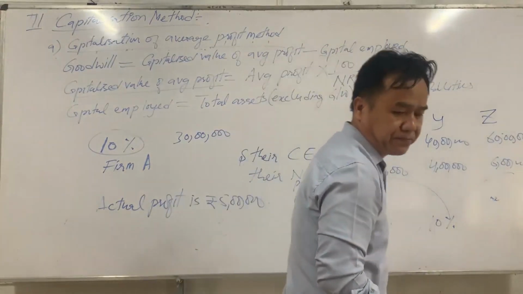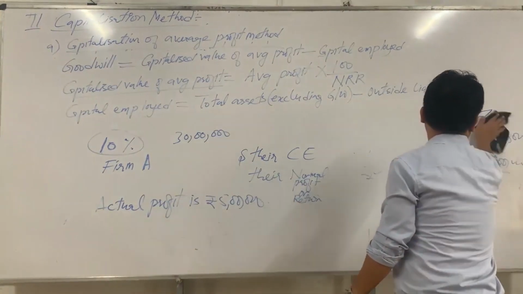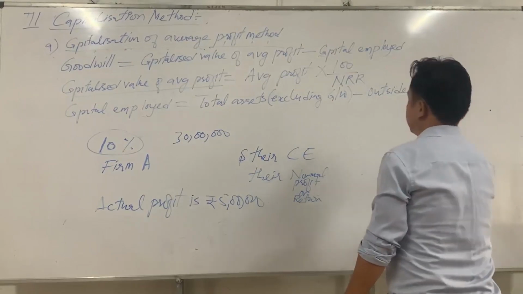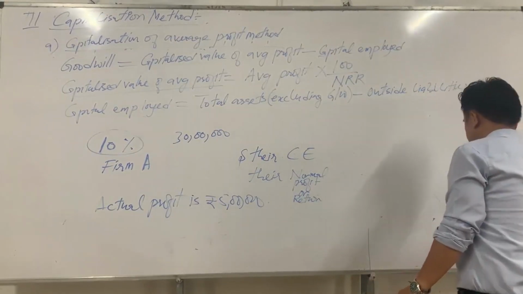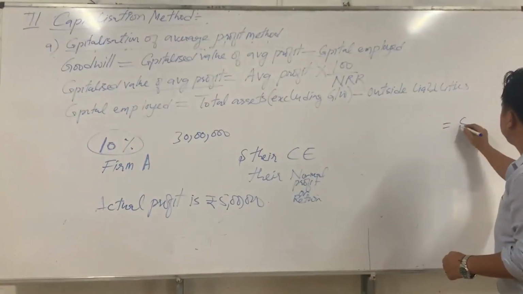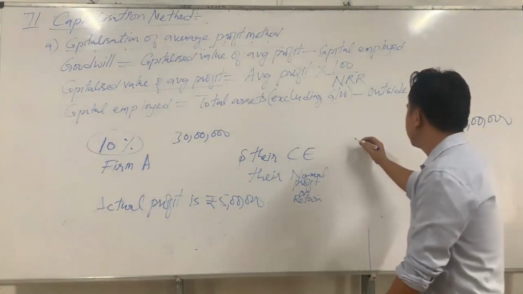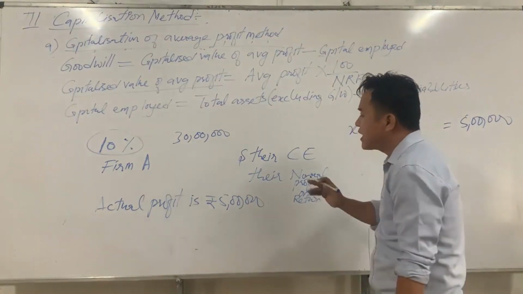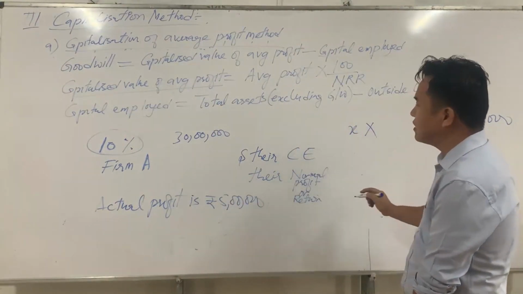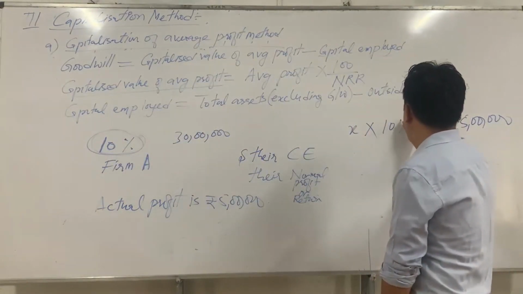For this, in order to earn 5 lakh as actual profit of the firm, let X be capital to be invested. And what is normal rate of return? The normal rate of return in the market is 10%.